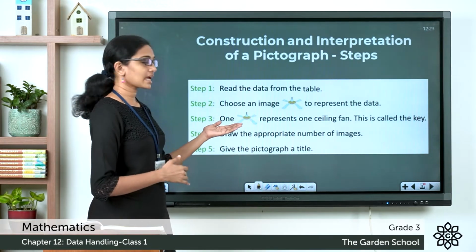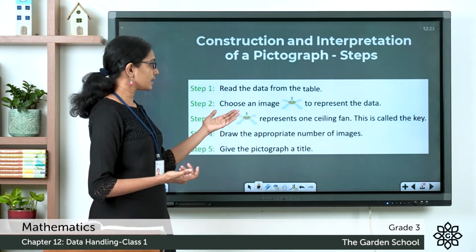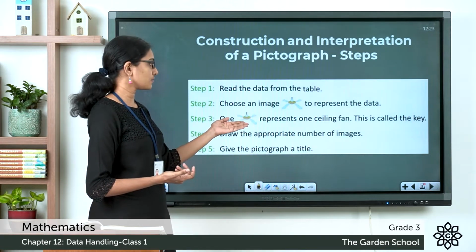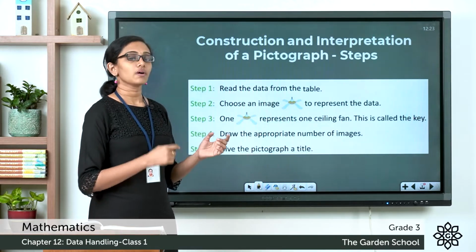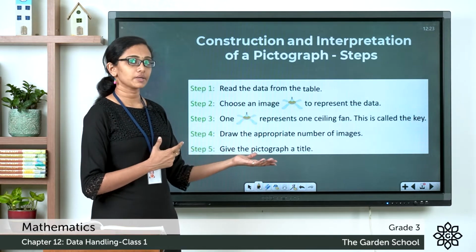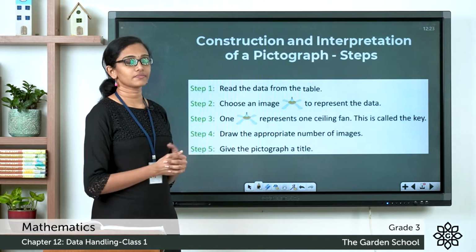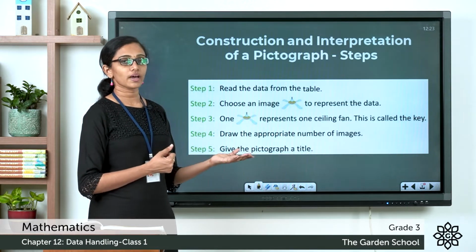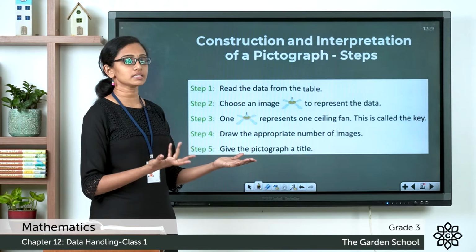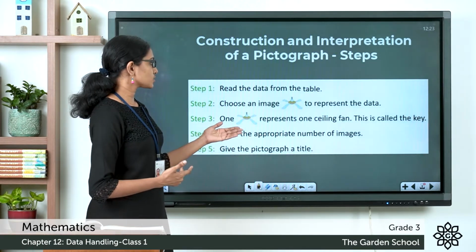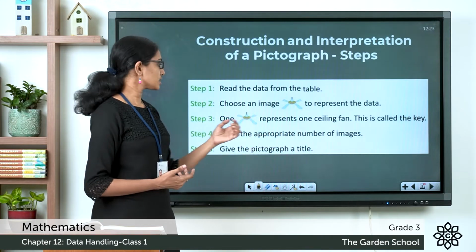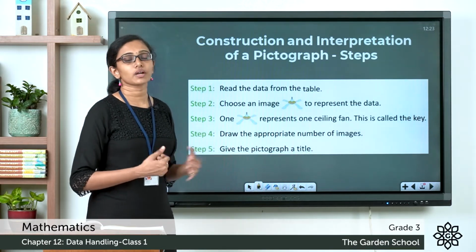In this case, let's form the key as one symbol of a fan represents one ceiling fan. So if one ceiling fan is represented in the pictograph, it means one ceiling fan was sold. 2 symbols means 2 fans were sold. Next, draw the appropriate number of images, and finally give the pictograph a title.